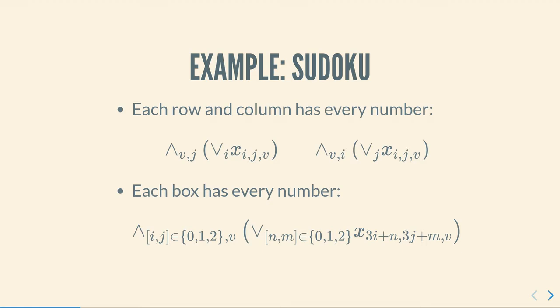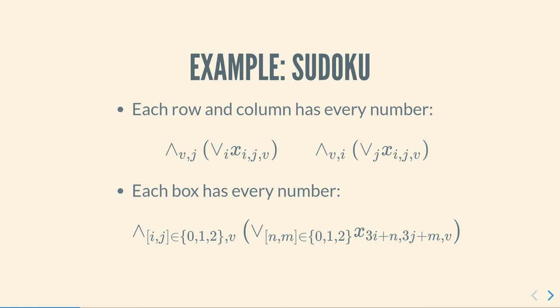So for instance, this is like x_1jv, or x_2jv, or x_3jv. For every column and value, there must exist a row with the value v. And then we have the vice versa for the row and the column.